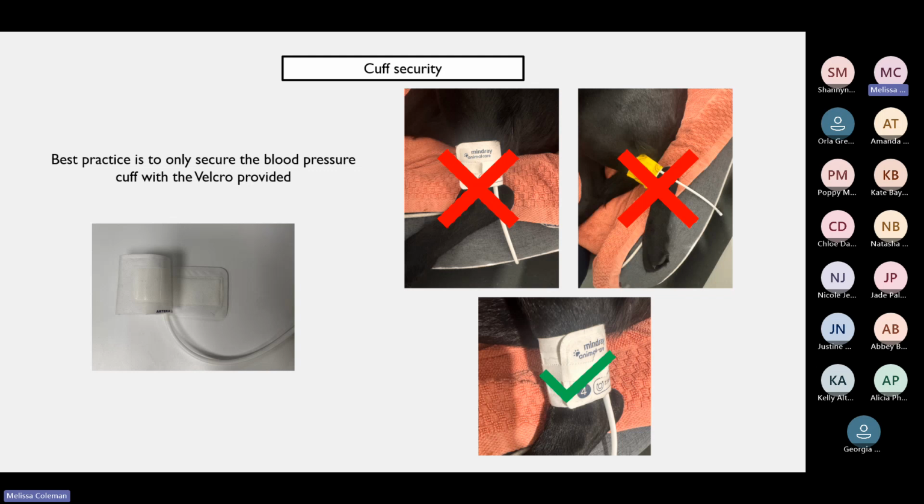You can't really tell, but it's there. We shouldn't be putting vet wrap around because it stops it from inflating properly, so you're going to get a wrong result. If your Velcro is really bad, you can just get a little bit of tape, pop it over just the little outer bit, and then it should be able to inflate properly and not pop off. So that way is good, but best practice, use the Velcro.